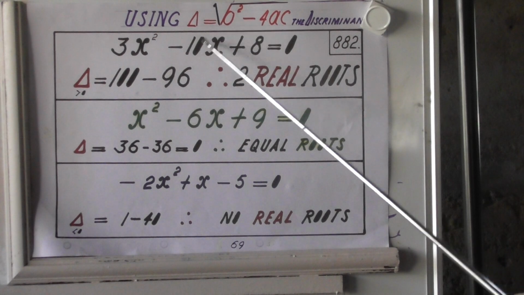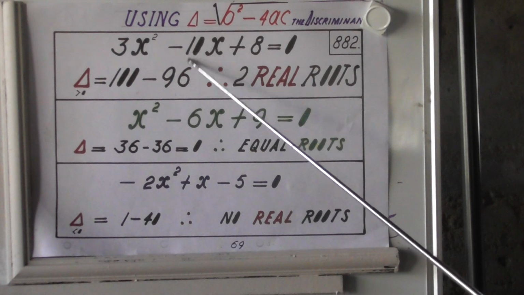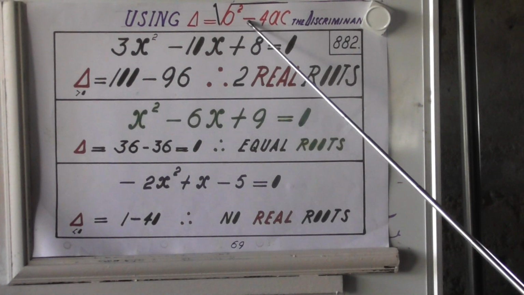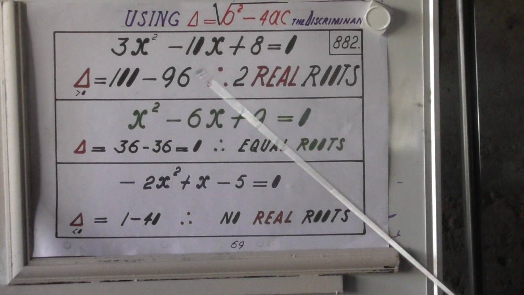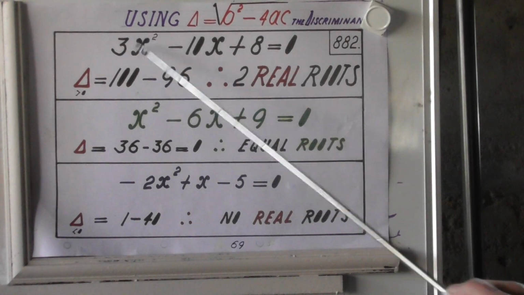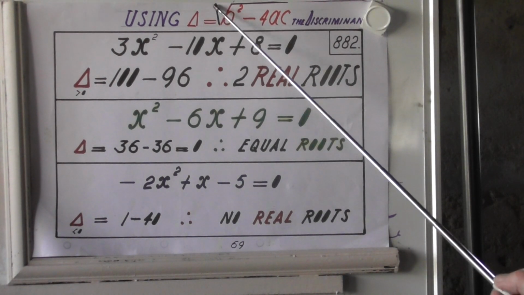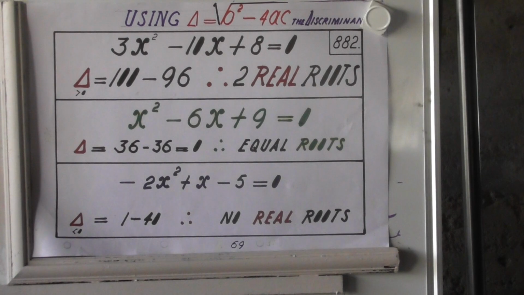B squared is negative 10 squared is 100. Negative, positive, positive, so it's 100. Negative 12 times 8 is 96. And the square root of 4 is 2.